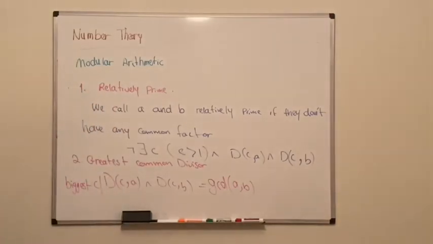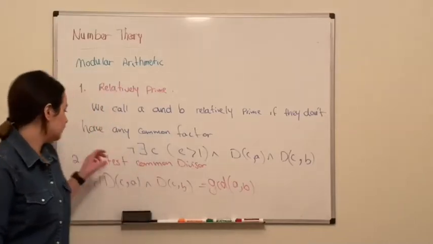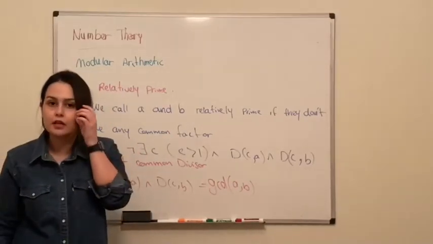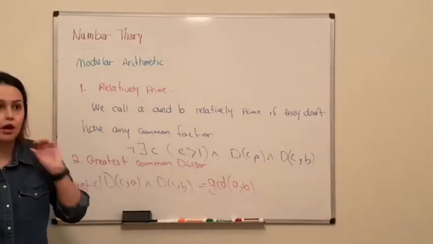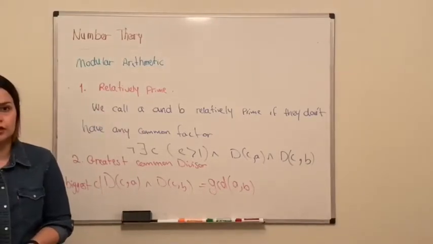So if GCD of a and b is equal to 1, it means that the greatest common divisor of these two numbers is 1, and actually it means that they are relatively prime to each other.